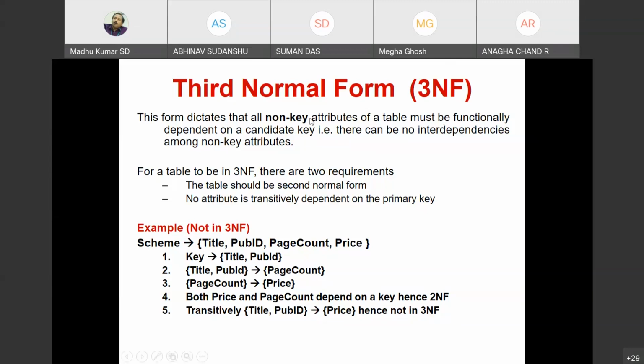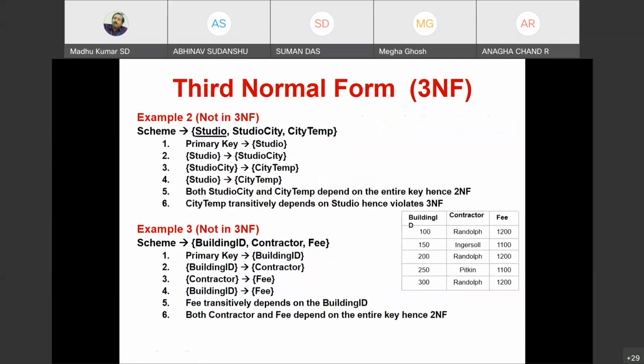And we have also seen that if a relation is at least in third normal form, in general, the database design will be accepted, or it is a reasonably good level of normal form. If you can normalize up to third normal form, by and large, database designers go ahead with 3NF.